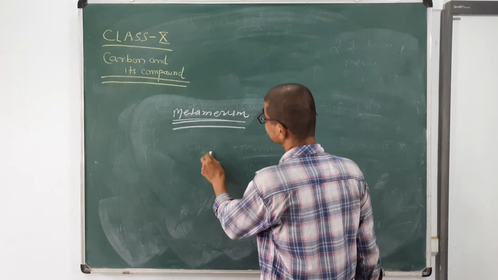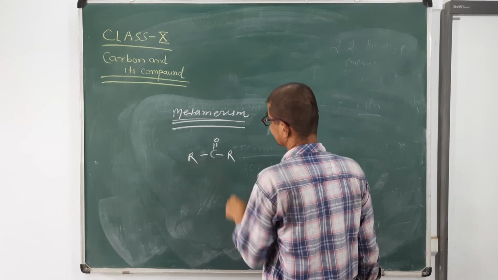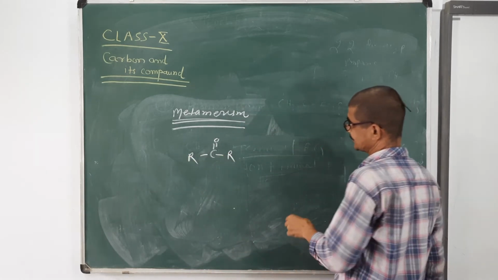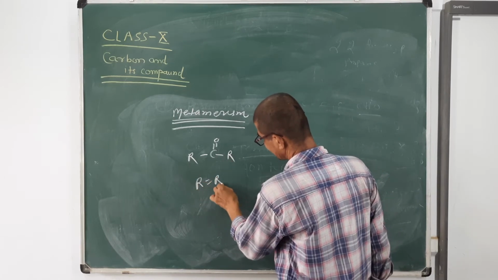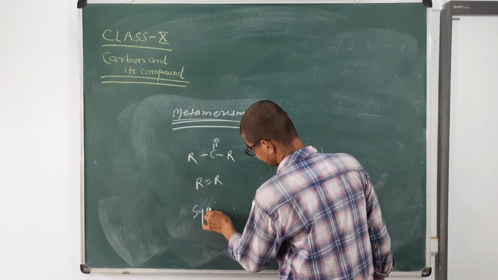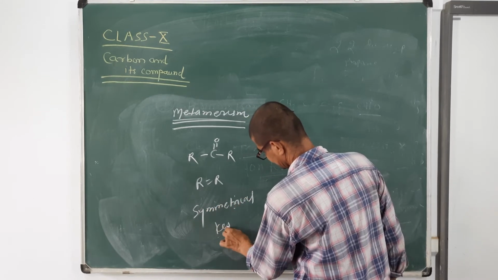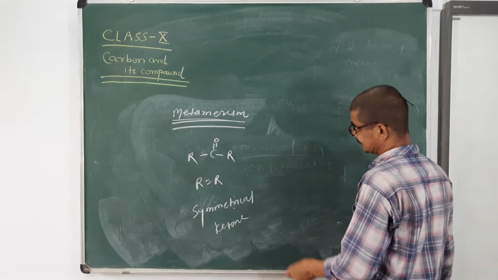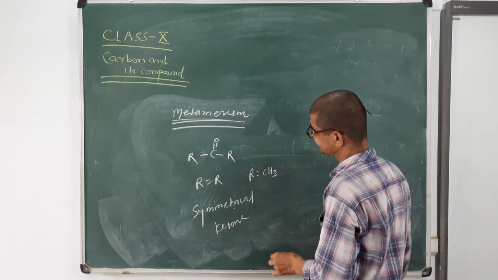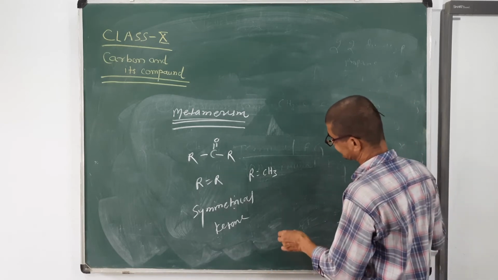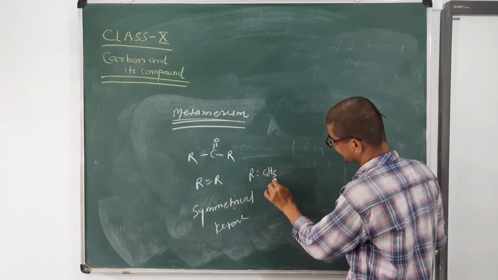Such as this is a ketone. Here alkyl groups are same. If alkyl groups are same, then it is called symmetrical ketone. R is alkyl group. If we take methyl or ethyl, you can take ethyl.